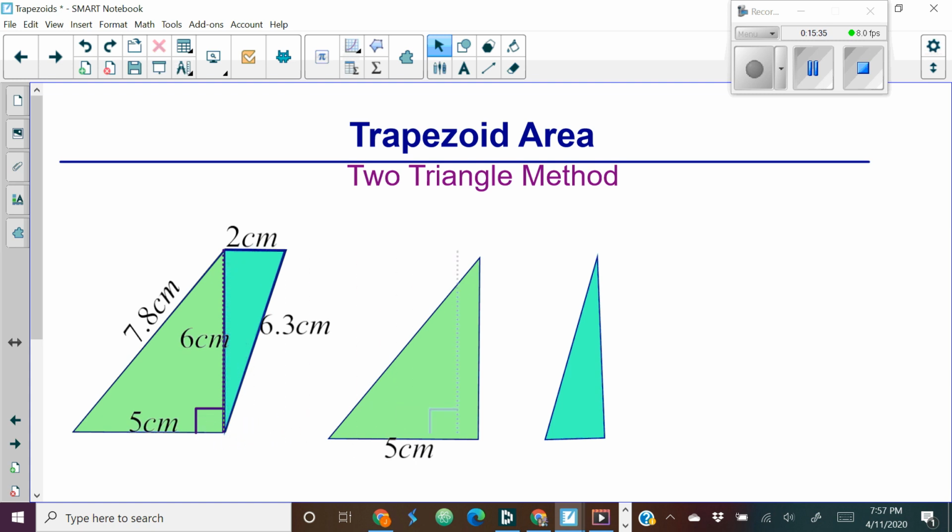And you can see the height here is one of the sides of the triangle because that square angle fits perfectly.